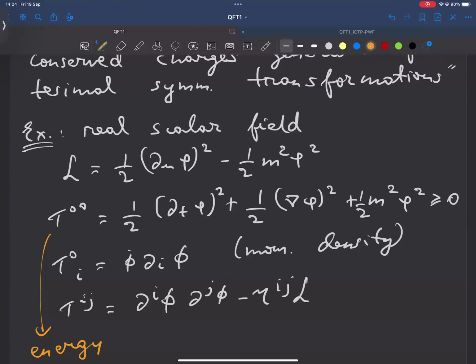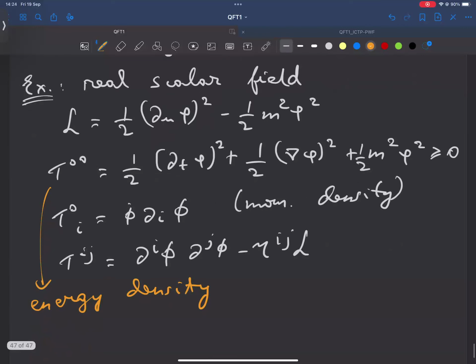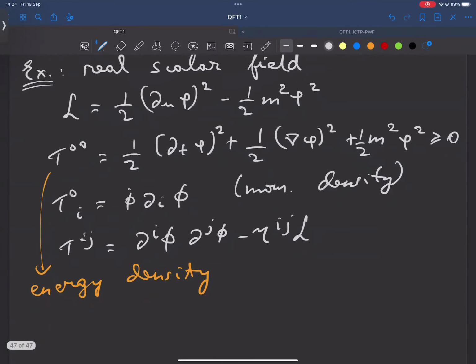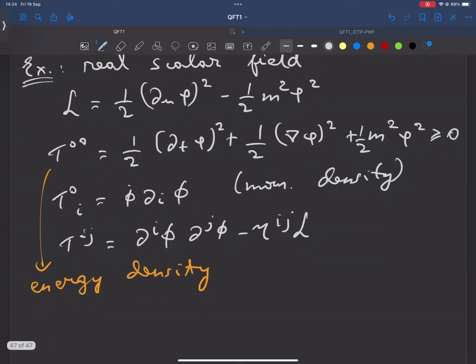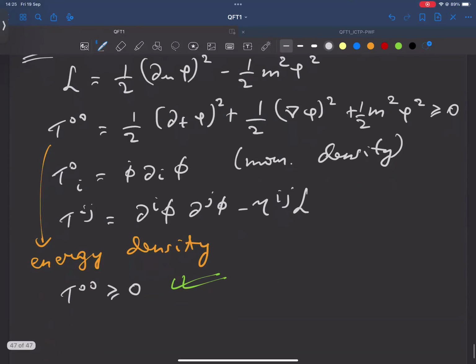So we call these densities because when we integrate them over the whole volume, we get the relevant total quantity. Okay. And we clearly see one nice thing about T00, that this is indeed positive. So we know that energy of a system should always be lower bounded by 0 or by some value. So that already hints that we have defined a nice quantity, but we will further argue in today's lecture that this is indeed the energy.